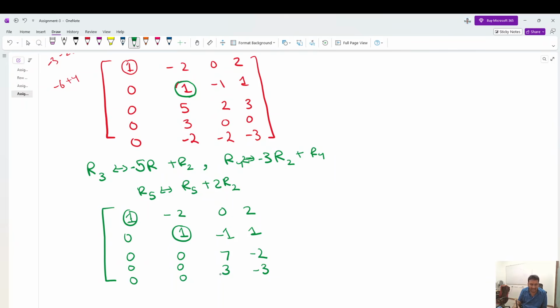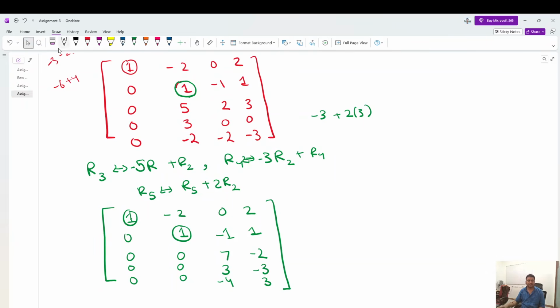You are adding 2, right? So minus 2 plus 2 into 1, which is 0, minus 2 plus 2 into minus 1, which is minus 4. And this is similarly minus 3 plus 2 into 3. What is it? 3. Like this, right?